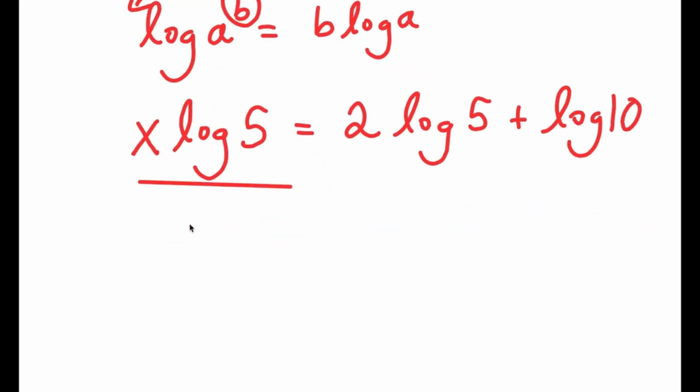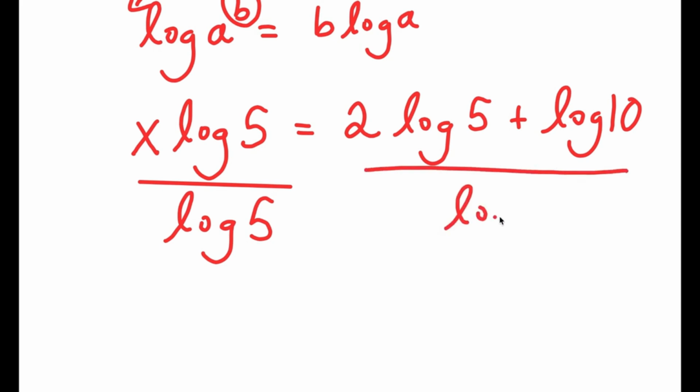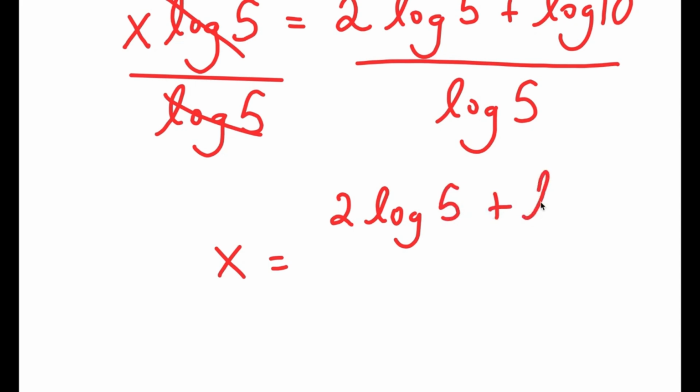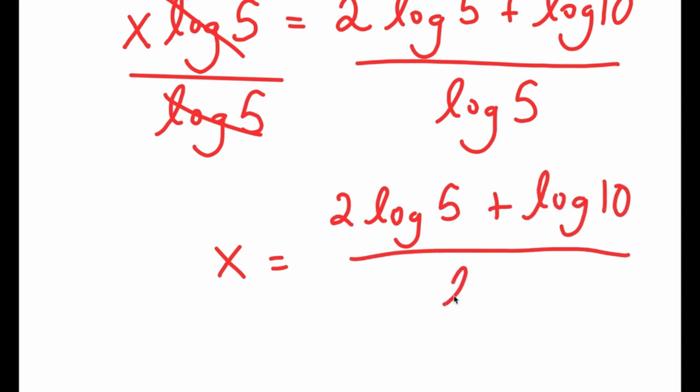Now I'm going to divide both sides by log 5. So then these two cancel out, and I get x is equal to 2 times log 5 plus log 10 over log 5.